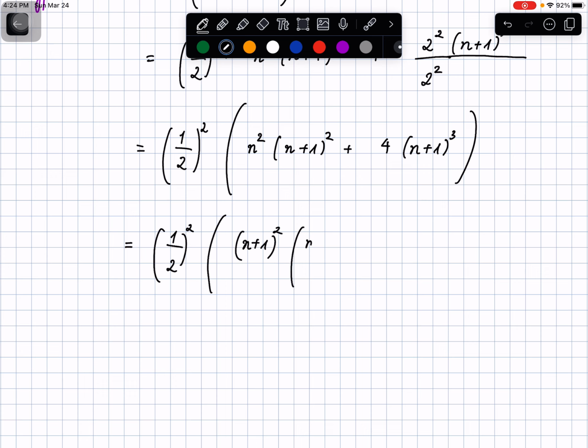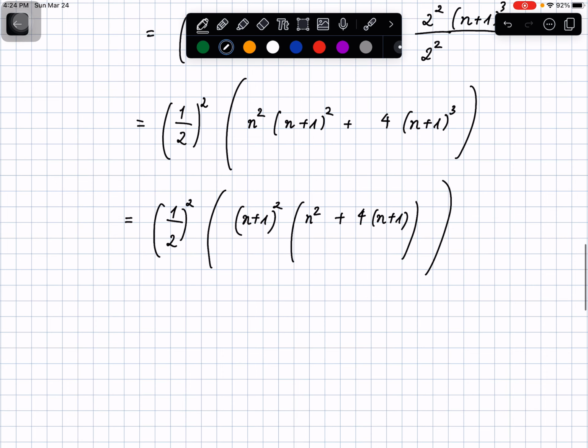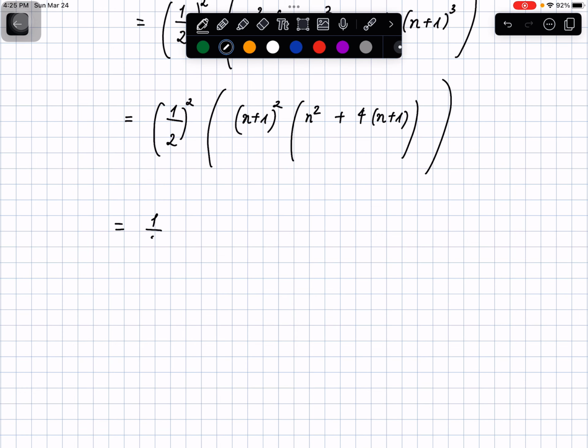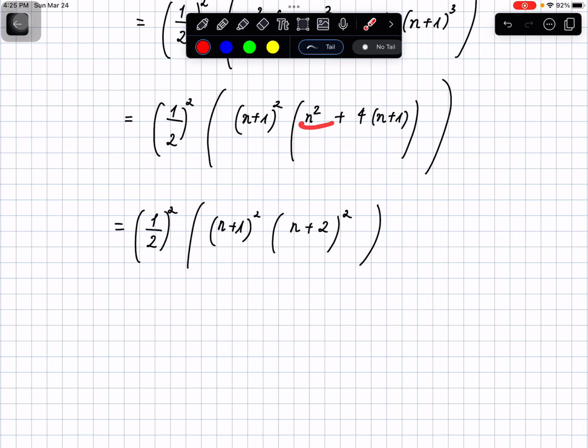Inside we have n squared plus 4n plus 4. So what does that mean? 1 over 2 squared, n plus 1 squared, n plus 2 squared, since n squared plus 4n plus 4 is n plus 2 squared.